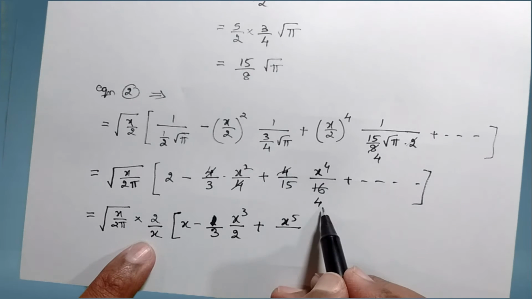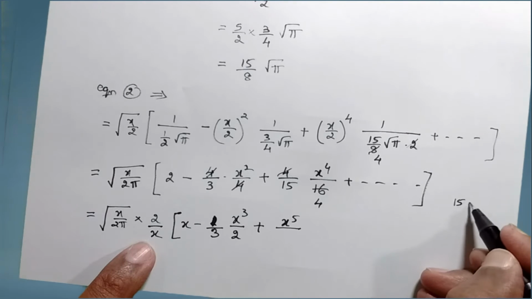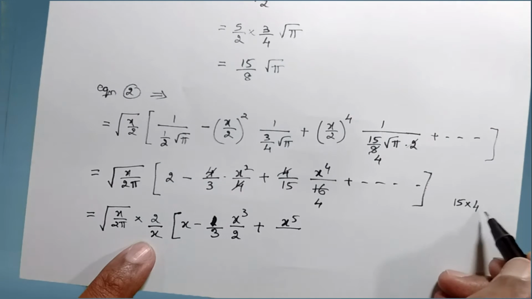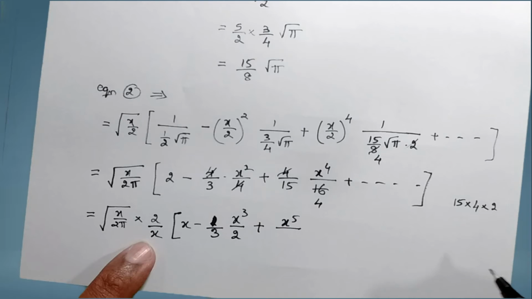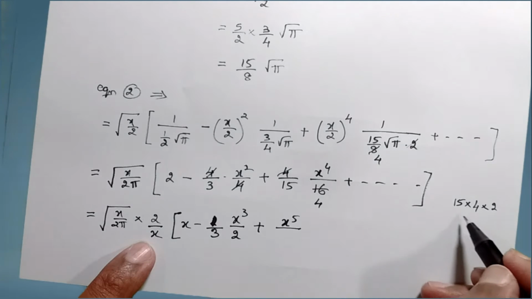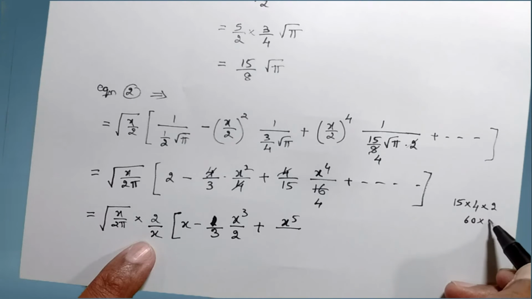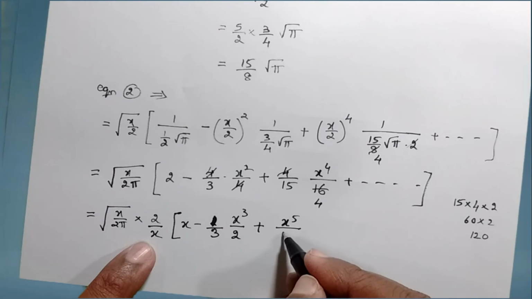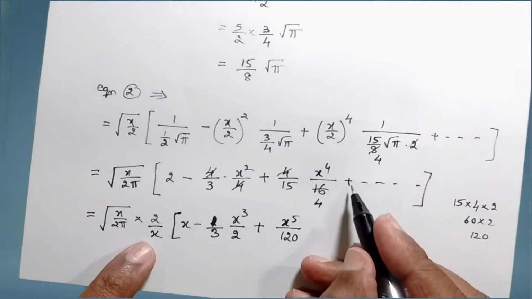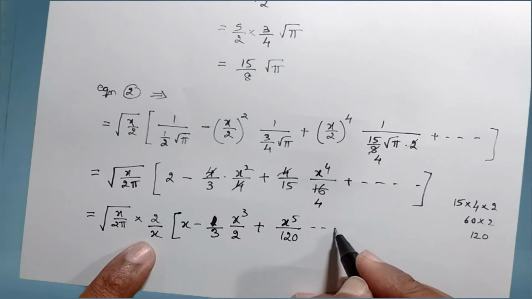So 15 into 4 is already there in the denominator. And further you are multiplying that by 2. Alright. So 15 4 times. So you will be getting 120 there. Alright. So this will be 120. Plus the rest of the terms will be getting.